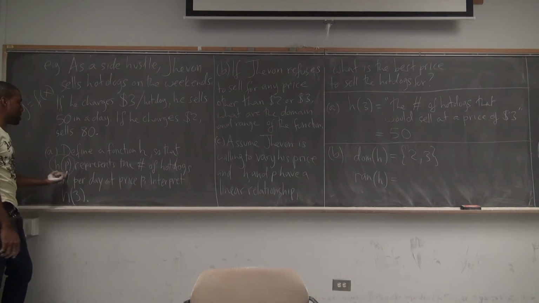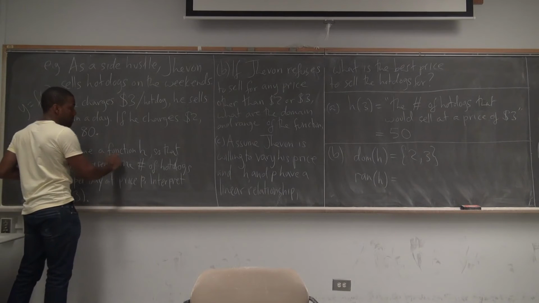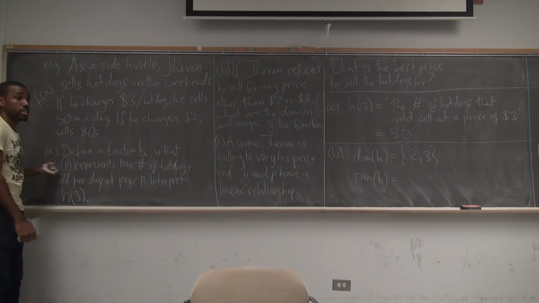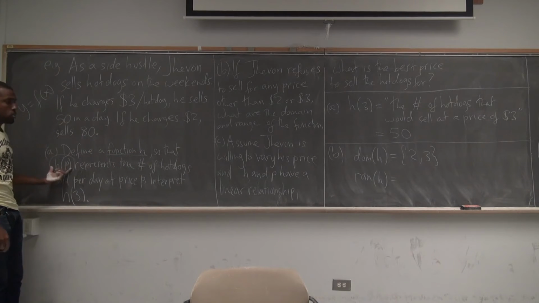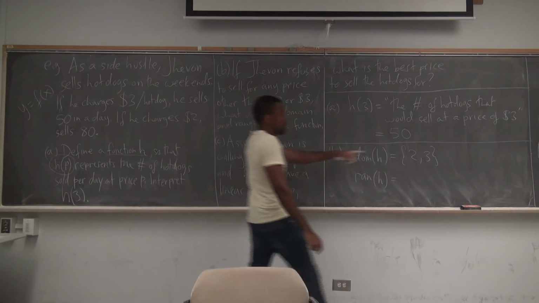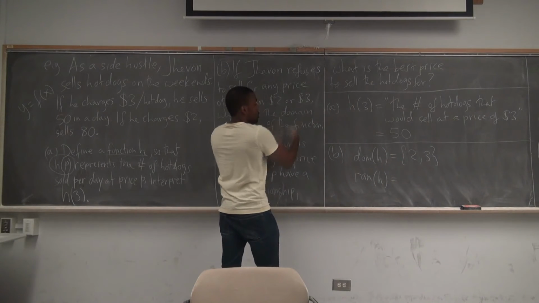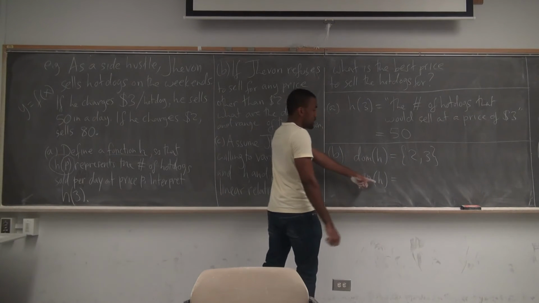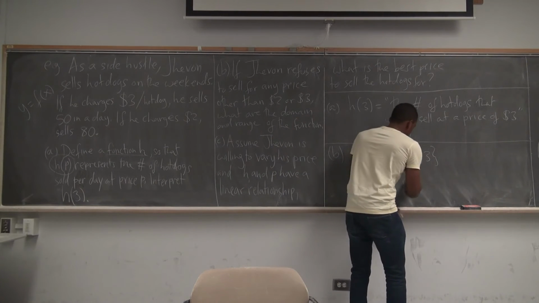So here, identifying h as the name of the function is telling me that's the output variable. So you read this and you're like, okay, p is the input, h is the output. And so I know the set of inputs would be the set of prices, which here is 2 and 3. The range, the set of outputs, would be the number of hot dogs, which are 50 and 80.